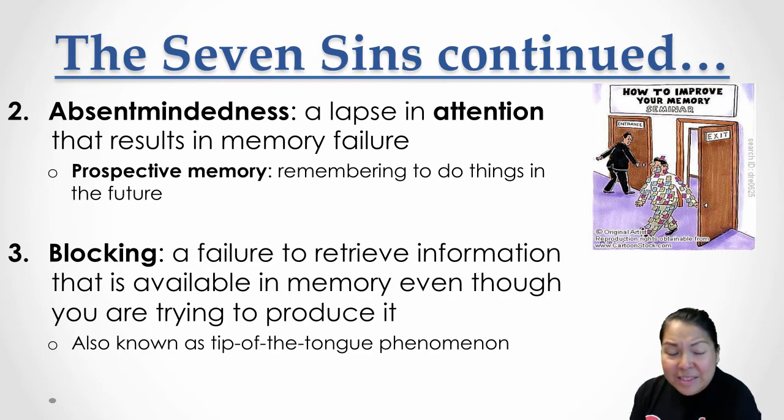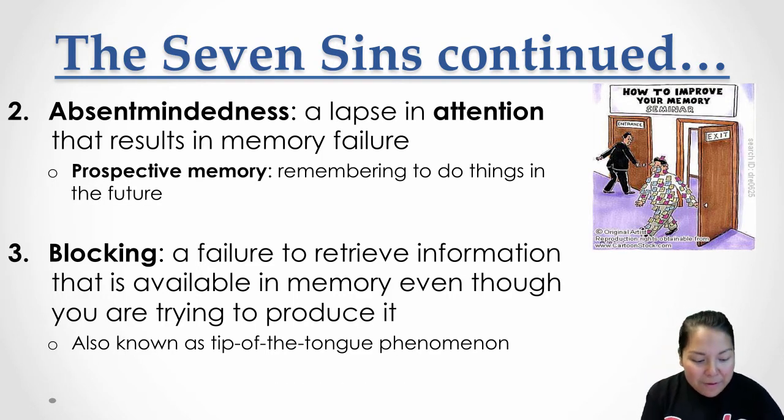Okay, so the second memory failure is absent-mindedness. We all have experienced absent-mindedness when we're sitting in class or talking with our friend who's telling a boring story or a story that they've already told you 100 times. Absent-mindedness can be caused by a lack of attention, which may be a result of being distracted.